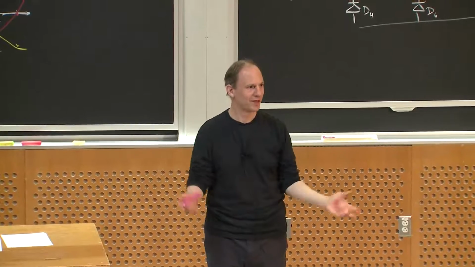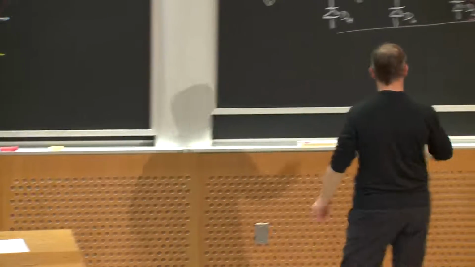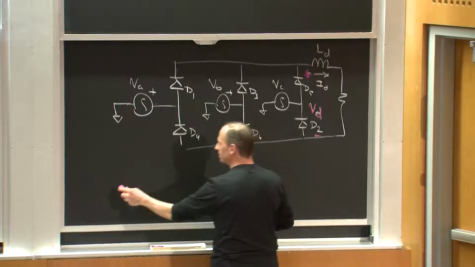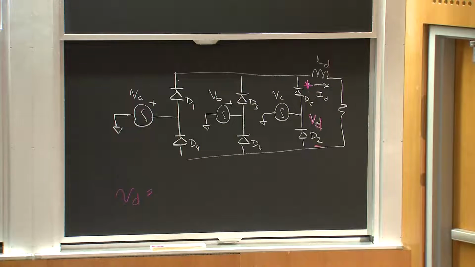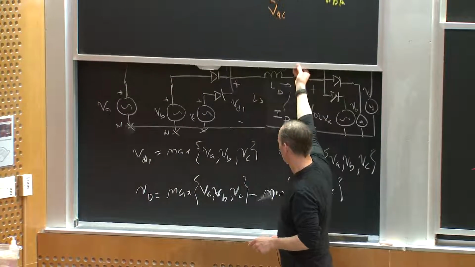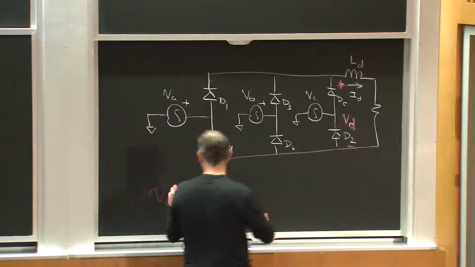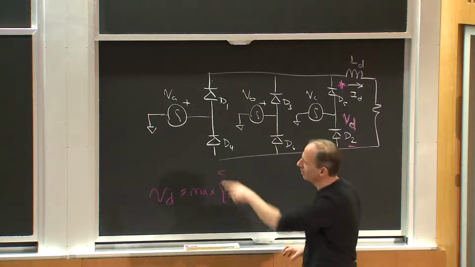I apologize for the lots of drawing, but I wanted you to get convinced that the whole point of having these 6 diodes is that VD, which I've written over here as the maximum of VA, VB, VC minus the minimum of VA, VB, VC, could also be written as the maximum of the line-to-lines and their negatives.